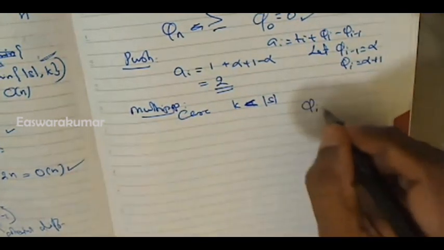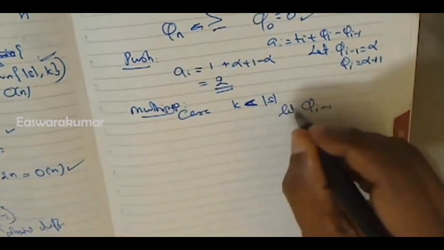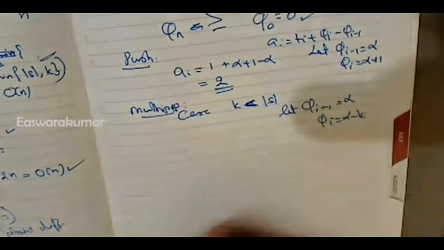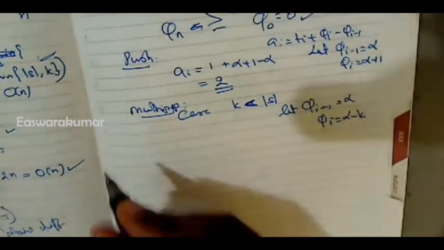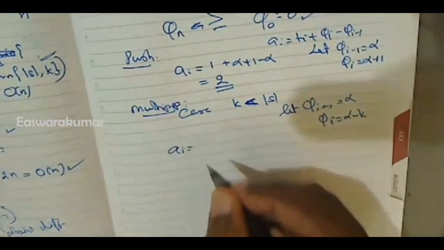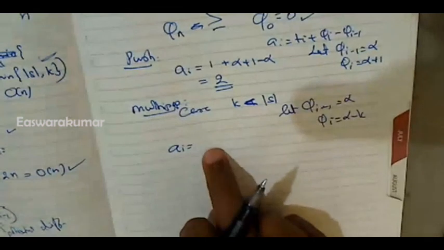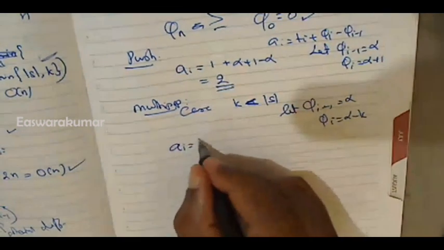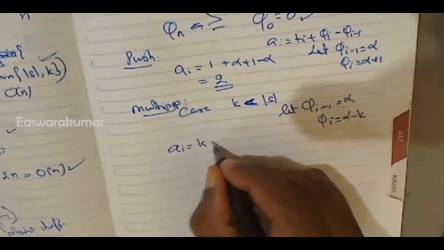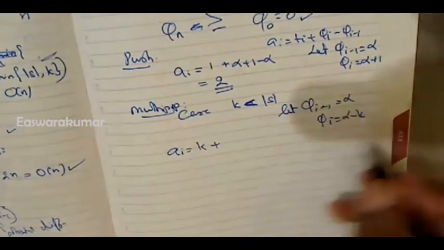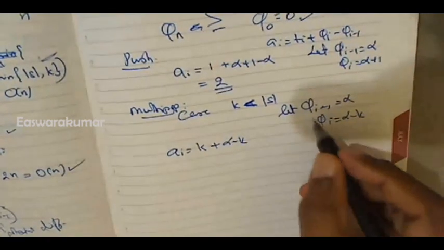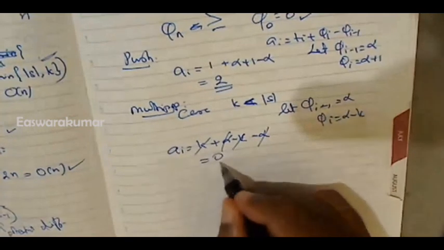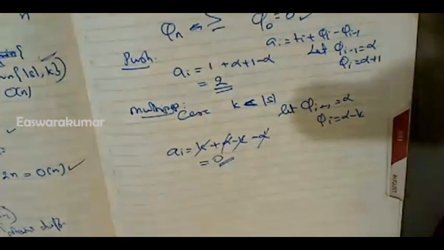If pi i minus 1 is alpha, then pi i is alpha minus k, because all k elements can be removed. The amortized cost A equals the actual cost, which is exactly k, plus pi i, which is alpha minus k, minus pi i minus 1, which is alpha. Alpha and alpha go, k and k go, so it equals 0. This is the 0 rupees we considered in the accounting method.